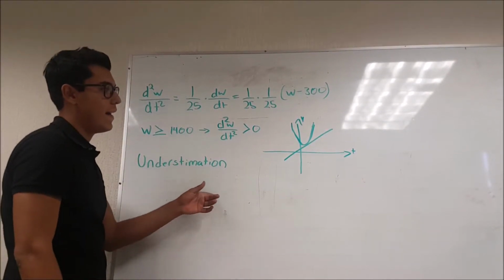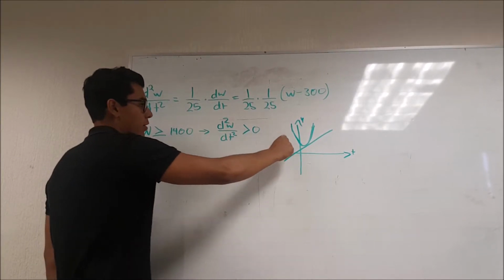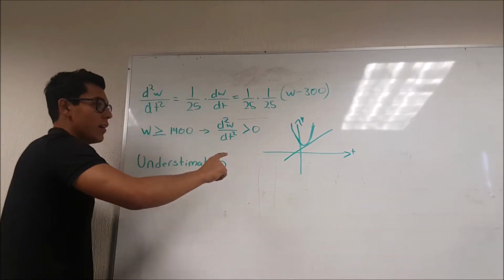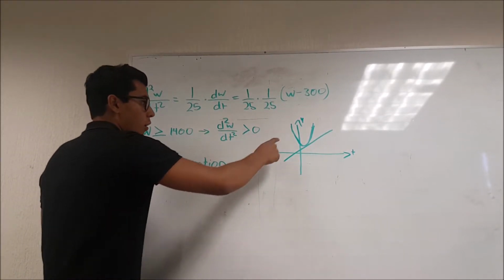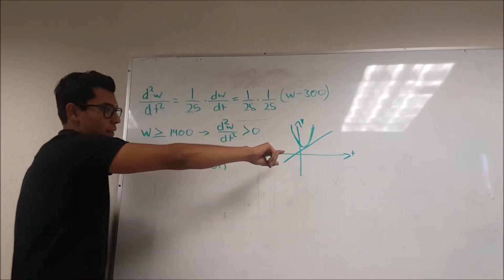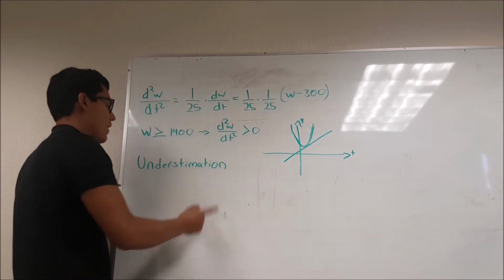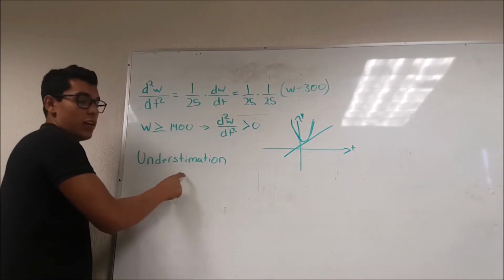So the W of t has a positive concavity, so the tangent line needs to be under the curve of W of t, and we get that the value that we got in part A is an underestimation.